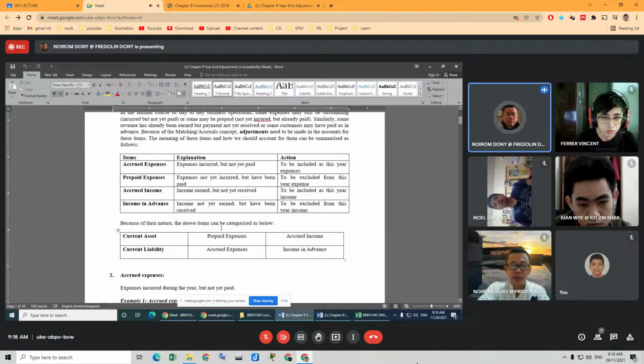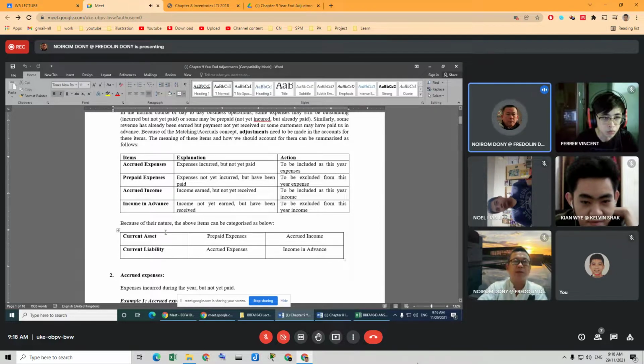Now, because of this nature, we simplify it so that we can record it faster by using common sense. The nature of these prepaid expenses, prepaid expenses meaning we have not consumed, but we already paid. The business already paid in advance, so the money still belongs to the business.